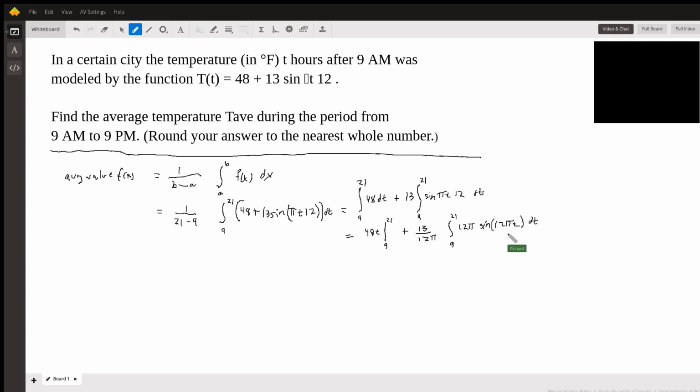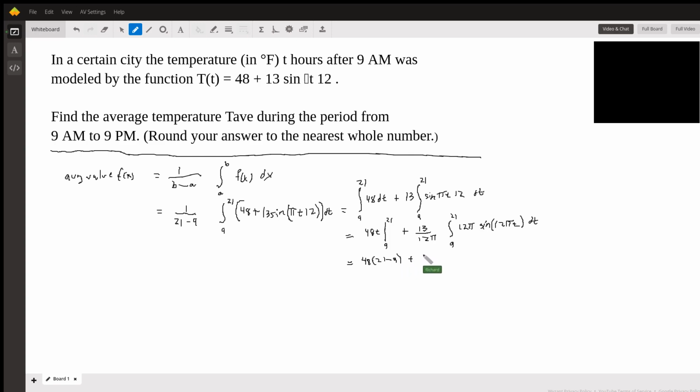Okay, so now we can integrate this. So let's start with this. So this is just 48 times 21 minus 9. And then this one is a little trickier.